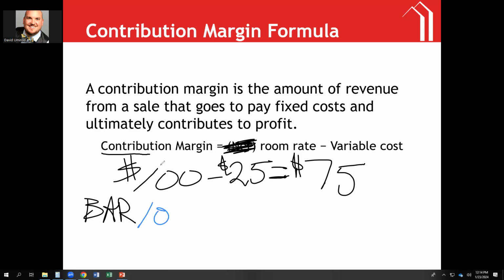So I have $100. It cost me $25 to clean that room. It cost me $30 to sell it on Expedia. So now I'm up to $55. I'm only going to get net, or contribution margin, $45 for that room.